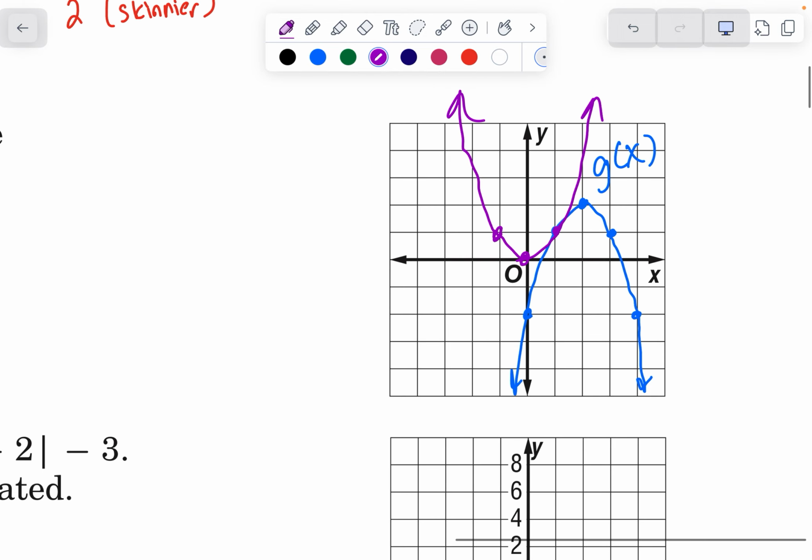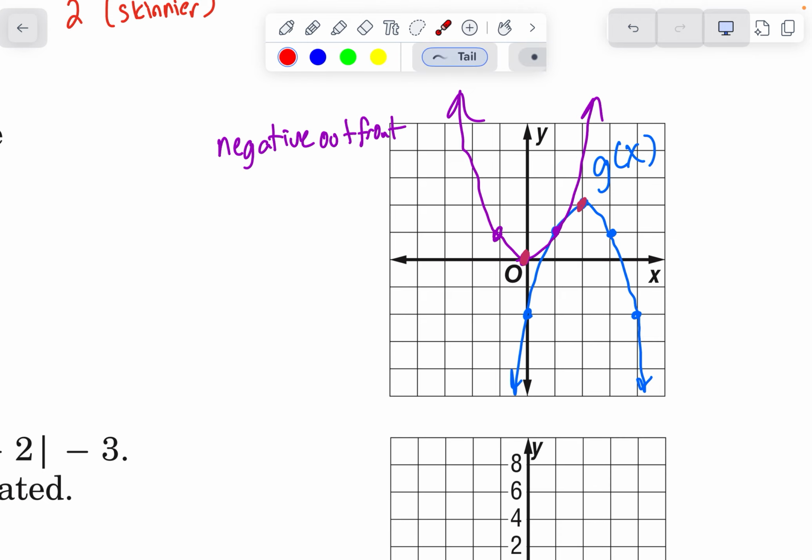Now, is it pointed in the same direction as the original? No. So there has to be a negative out front. Okay. Has the center, the vertex, moved to the left or right at all? Has this point moved left or right?